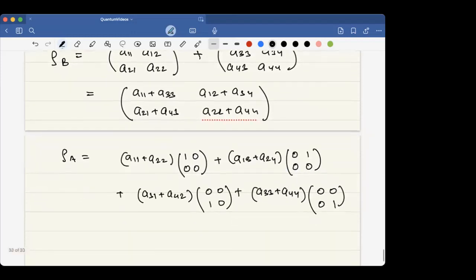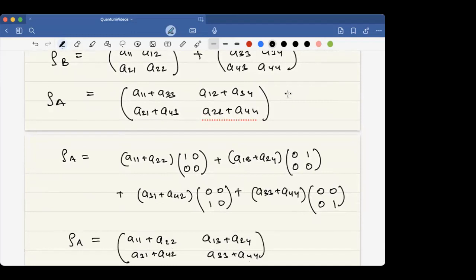So rho A will be equal to A11 plus A22, A13 plus A24, A31 plus A42, and A33 plus A44. So these two equations represent the partial trace. These are rho A and rho B, over subsystem A and subsystem B respectively. So these are the reduced density matrices of subsystem A and subsystem B.